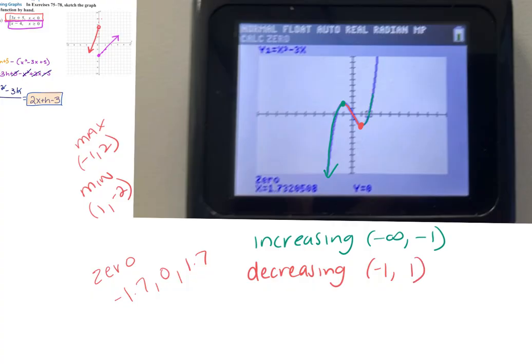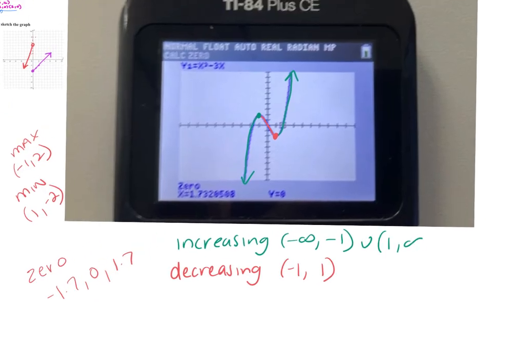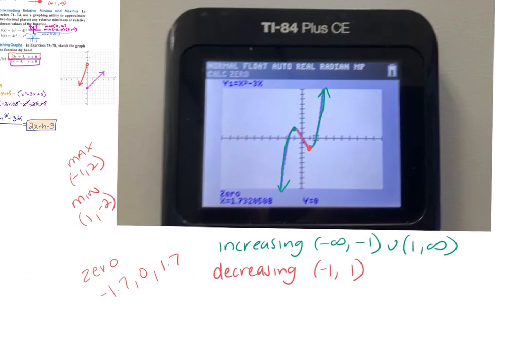And then it changes direction again and goes up, which means it's increasing again from +1 to +infinity. So everywhere you've got a max or a min, you're obviously going to give those, and you're going to give them in coordinate point form, and that is what changes your increasing and decreasing pattern.